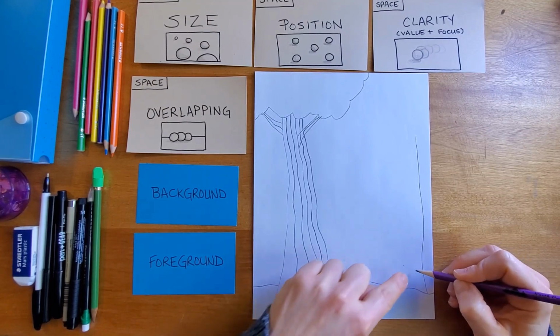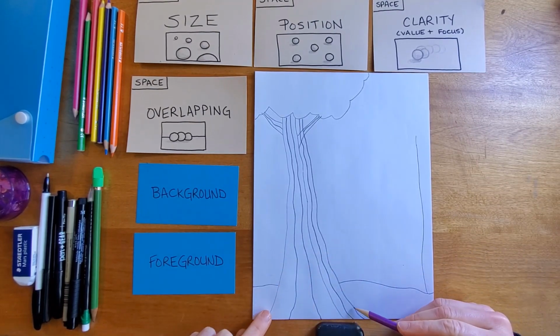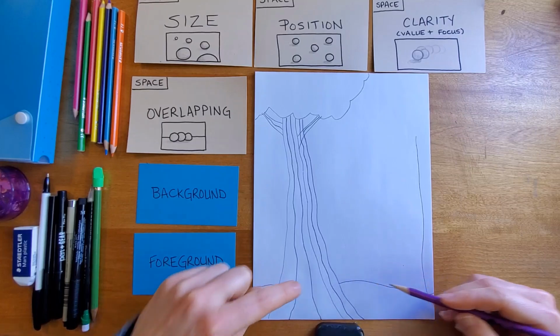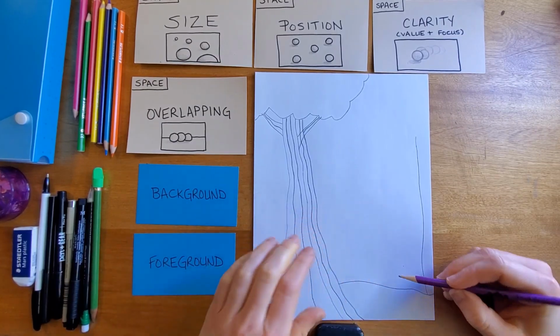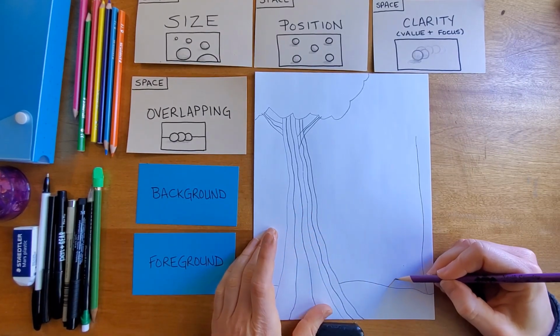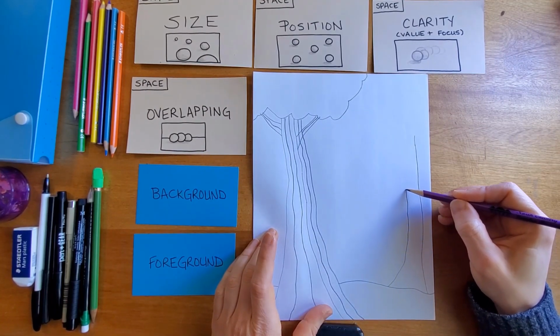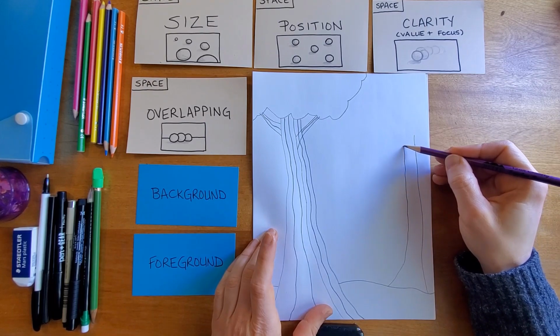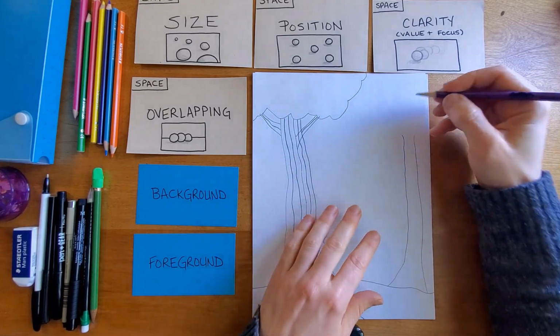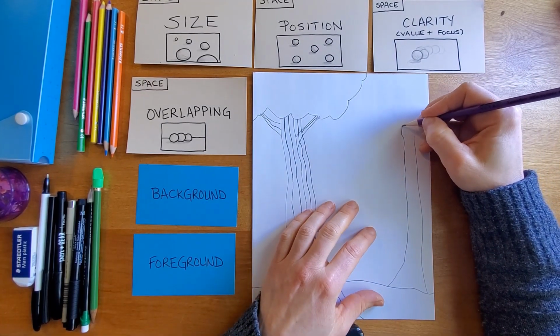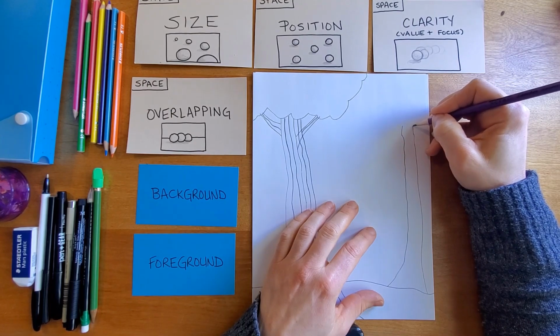So this tree has to be a little smaller. So I'm looking at how wide this tree is. I know I need to make this tree smaller, so I'm going to make it a little more narrow. Not making it too crazy, though. And I'll stop right there. Actually, I'll bring it up a little more.